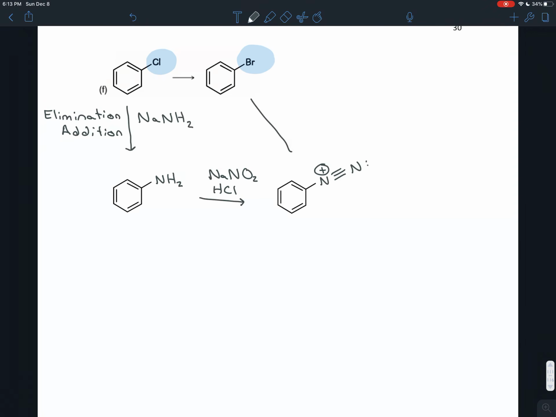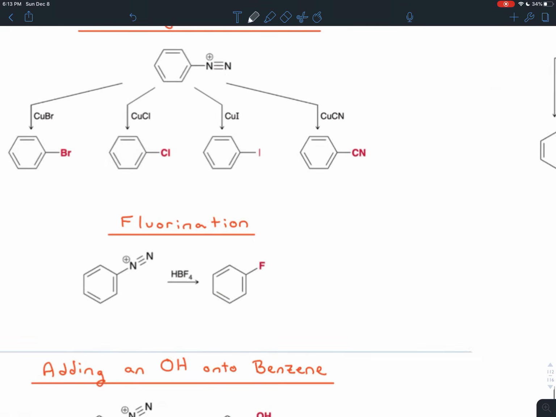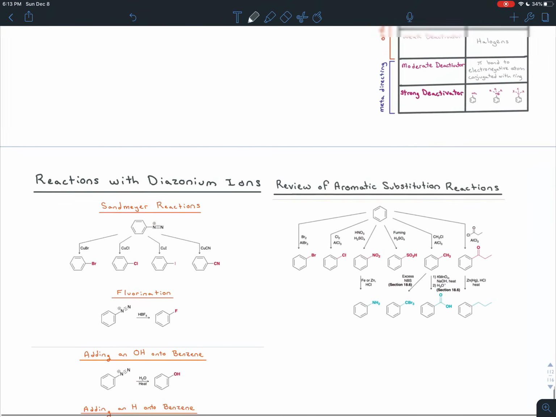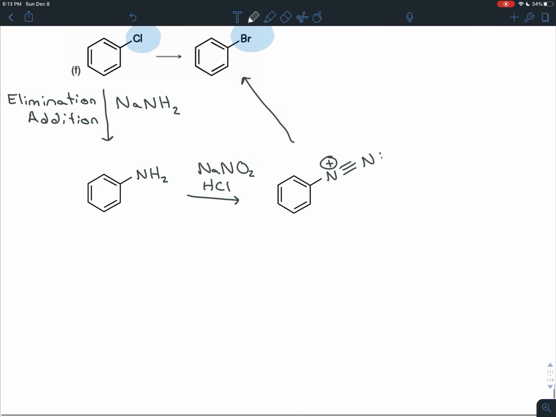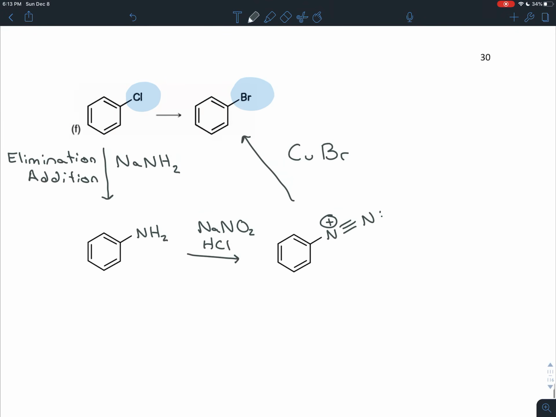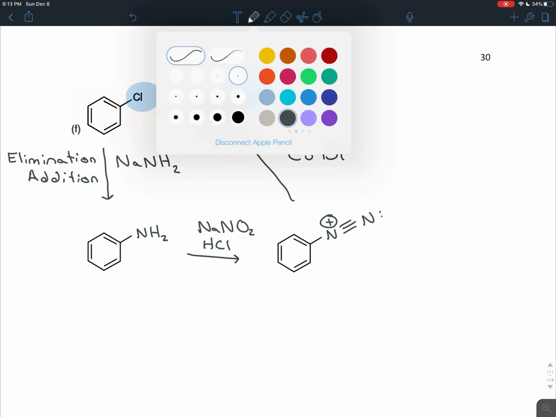And then we can replace this leaving group with bromine by doing a Sandmeyer reaction. One of these Sandmeyer reactions, we can use this copper-1 bromide, and the bromine will displace the diazonium ion. So, copper-1 bromide, and that's it.